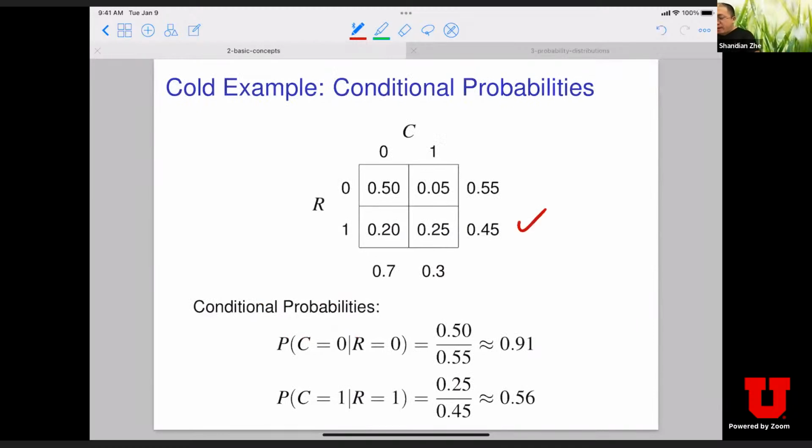Based upon the same probability table, we can compute the conditional probability when the variable takes different values, conditional on R taking different values. For example, to compute the conditional probability that C takes 0, given that R takes 0, we first need to compute the joint probability that C equals 0 and R equals 0, which is what?